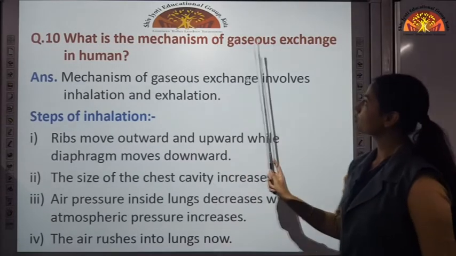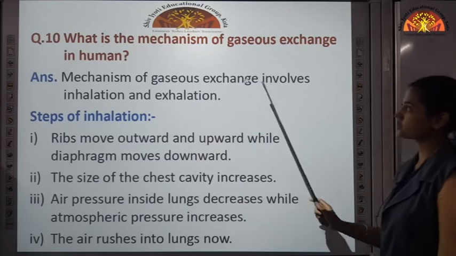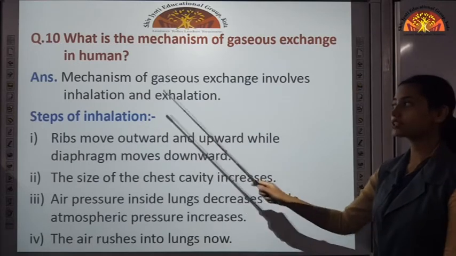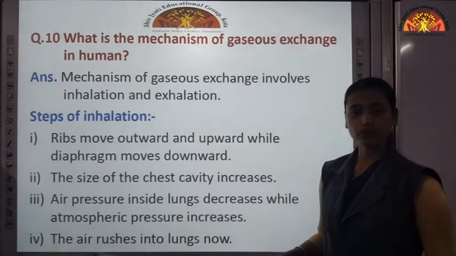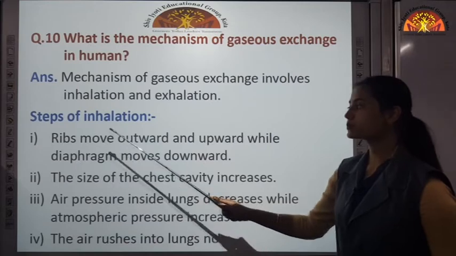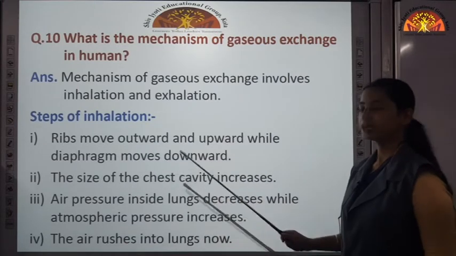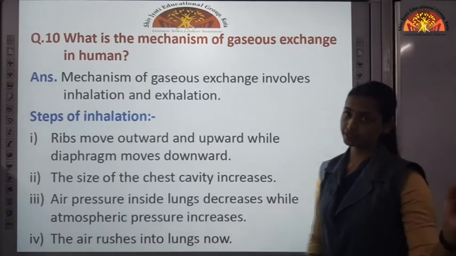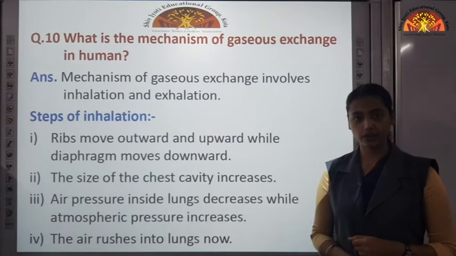What is the mechanism of gaseous exchange in humans? Mechanism of gaseous exchange involves inhalation and exhalation. So what happens when we inhale? These are the steps of inhalation. Ribs move outward and upward while diaphragm moves downward. As I told you during that diagram, movement of rib cage and diaphragm is involved.